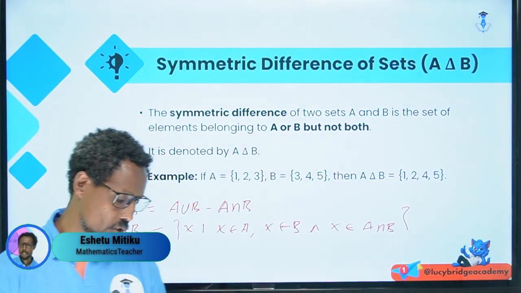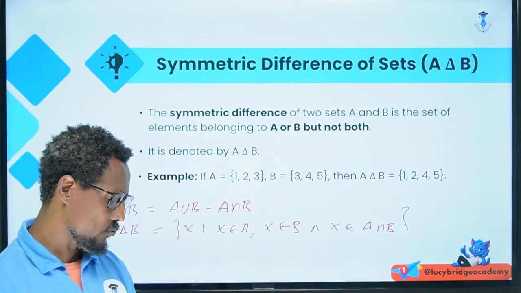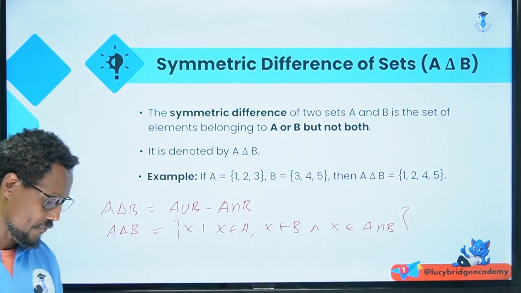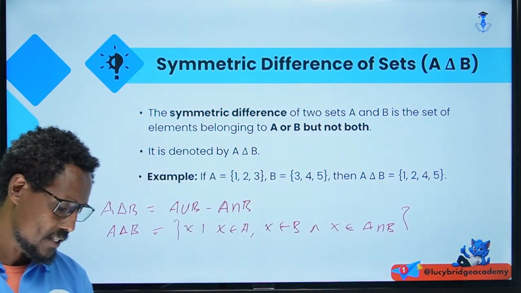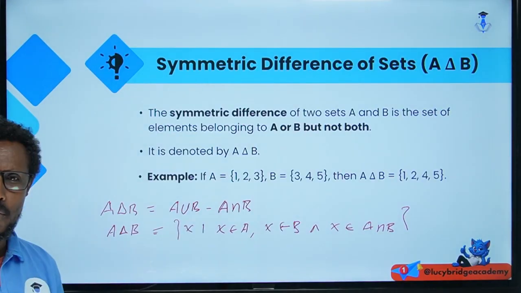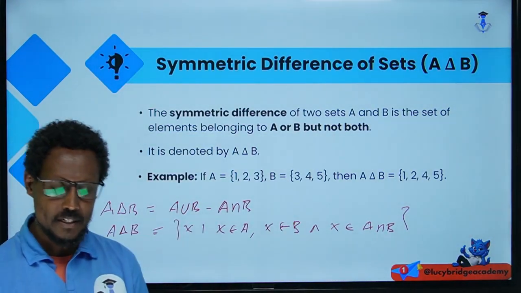If A contains elements 1, 2, 3, and B contains 3, 4, 5, then A symmetric difference B means, look, we have to exclude common elements.